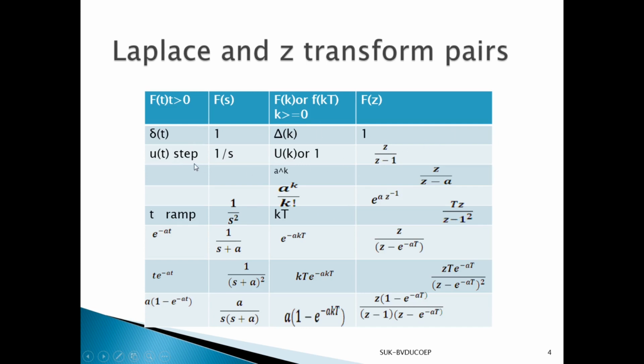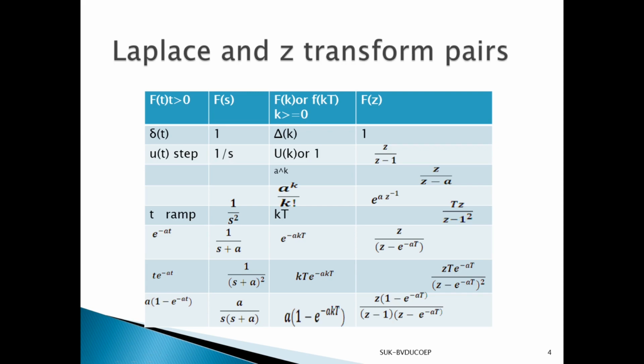Unit step function. How do you remember it? At t equal to 0, the value is 1. A sudden step of value 1, the unit step function, is applied. Everybody remembers that its Laplace is 1 by s. Similarly, if you are applying a signal of 1 at instant k equal to 0, its Z transform is z over z minus 1.